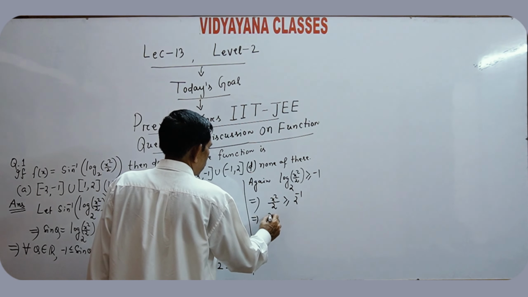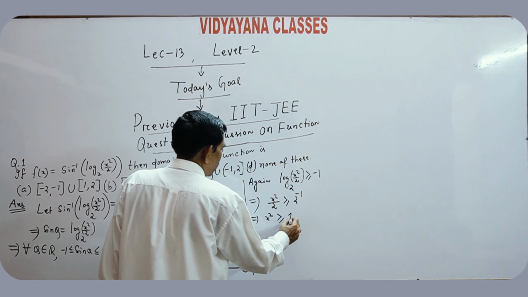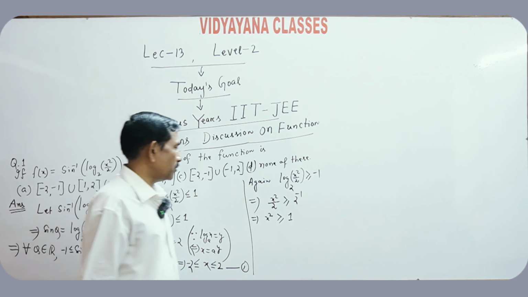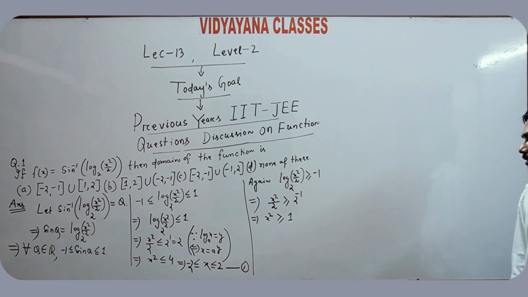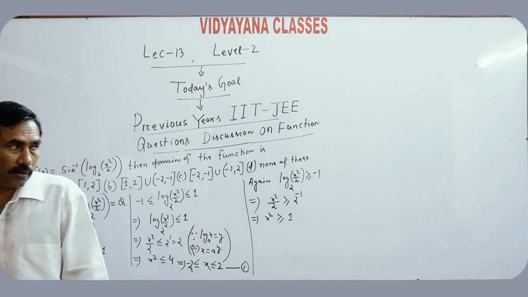So x squared is greater than or equal to 2 into half, that is equal to 1. Clear? x squared is greater than or equal to 1. What are the values of x?